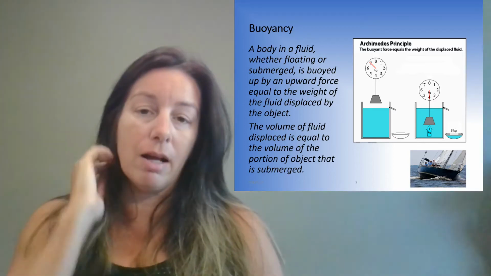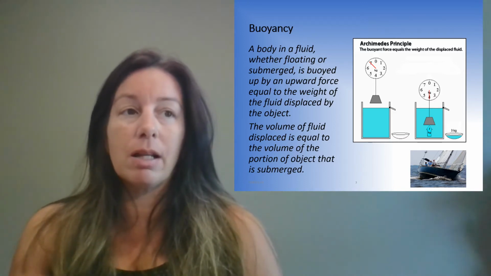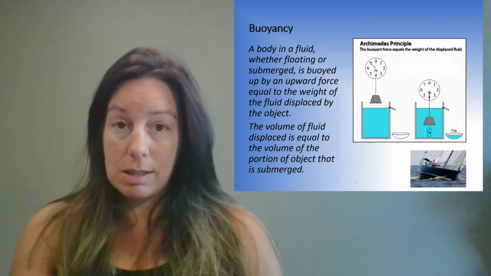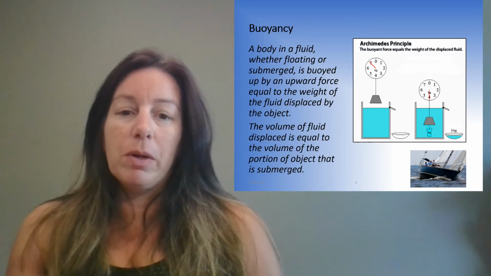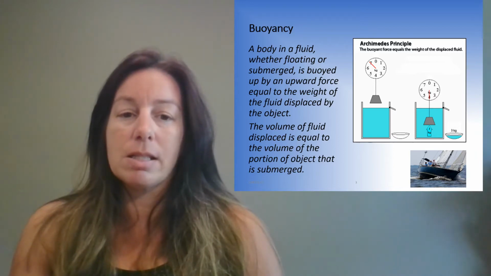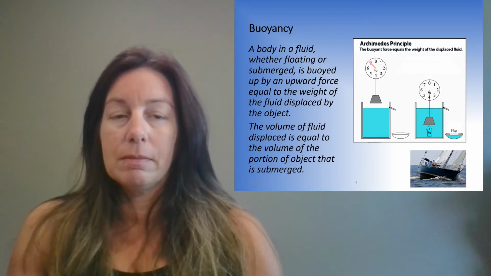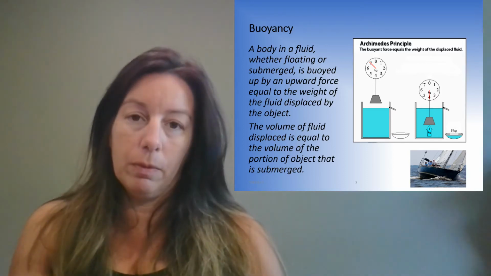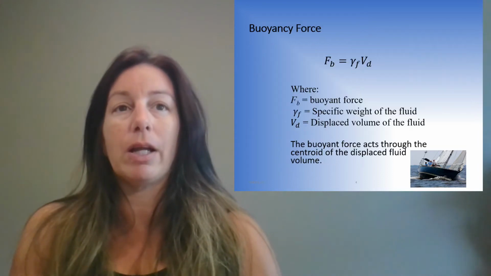So you know there's 3 kilograms acting upwards, and 3 kilograms of water got displaced and went out the spout. So the volume of fluid displaced is equal to the volume of the portion of the object that is submerged. Okay. It sounds weird, I know, but it'll make more sense when we do some more calculations.